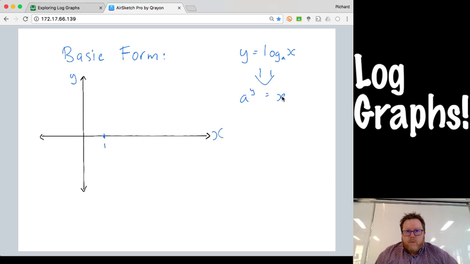So from 1, the growth kind of looks like that. It's definitely growing, but it's growing slowly. Okay, well, what happens when x is a fraction then? Let's consider that for a second.